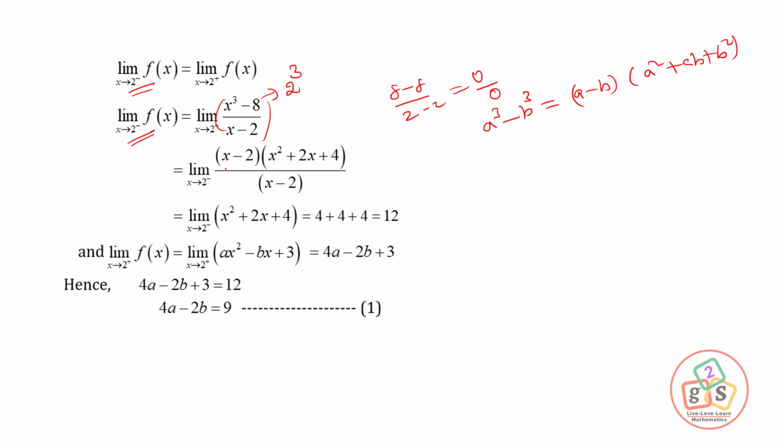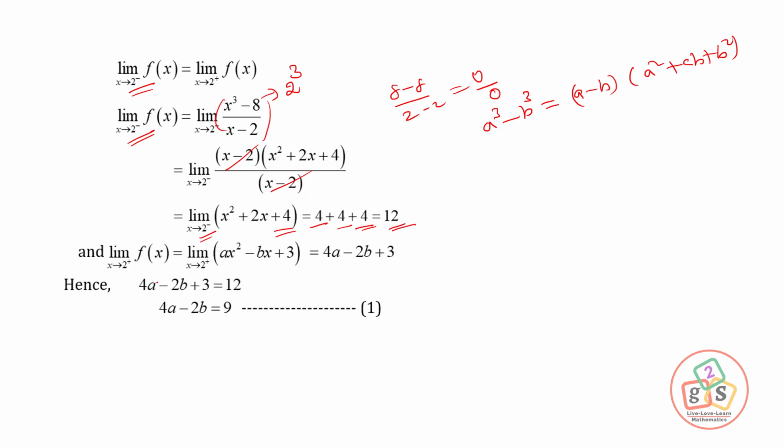So x minus 2 into x square plus 2x plus 4, divided by x minus 2. Now x minus 2 cancels, so we have only x square plus 2x plus 4. Now we put x equal to 2. x square is 4, 2 into 2 is 4, and the constant is 4. So we simplify, we get 12.